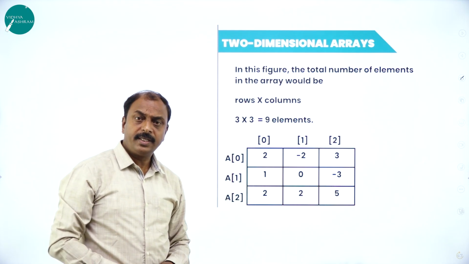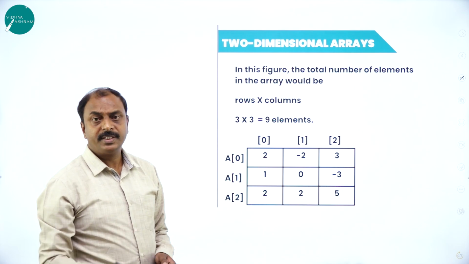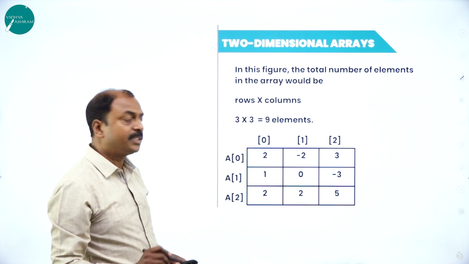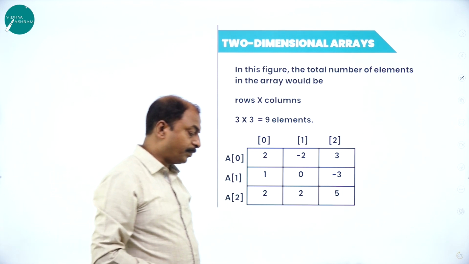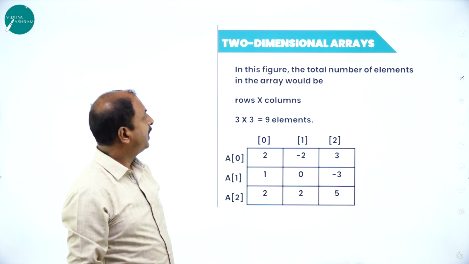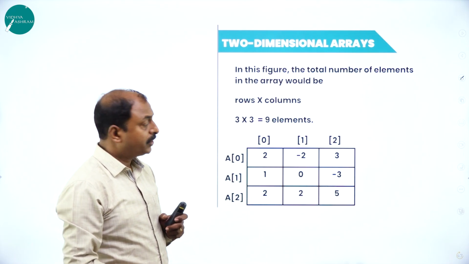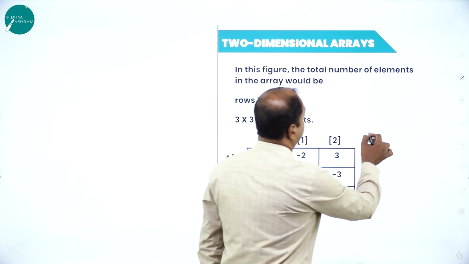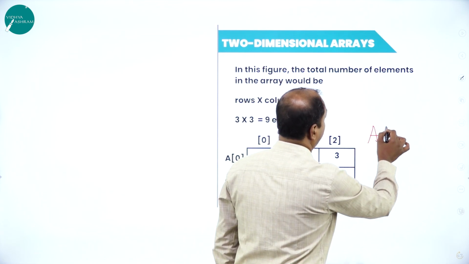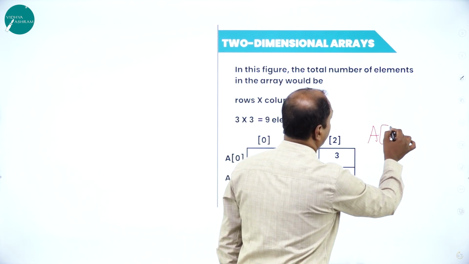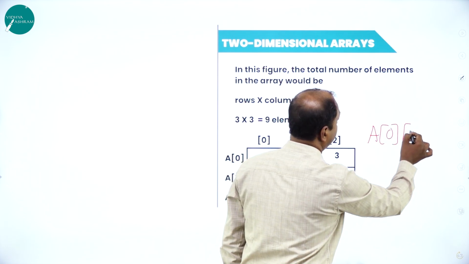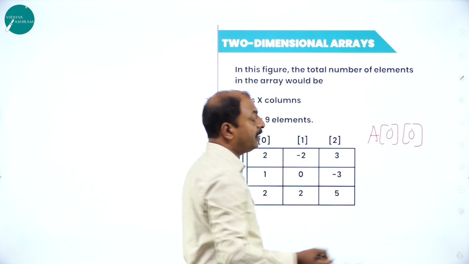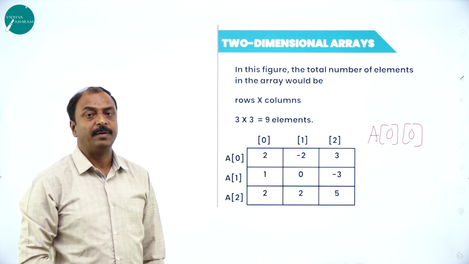And all of you know that in an array, the array subscripts always start with 0. But in this example, there are 2 subscripts, that is I and J. So at the beginning, A, the name of the array, is 0 and this is 0. This will be the first index of a two-dimensional array.